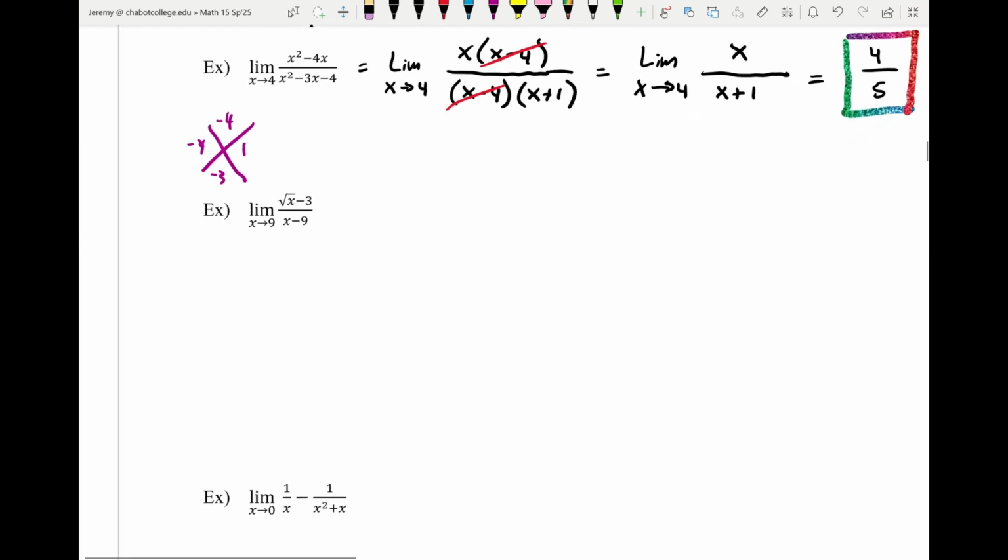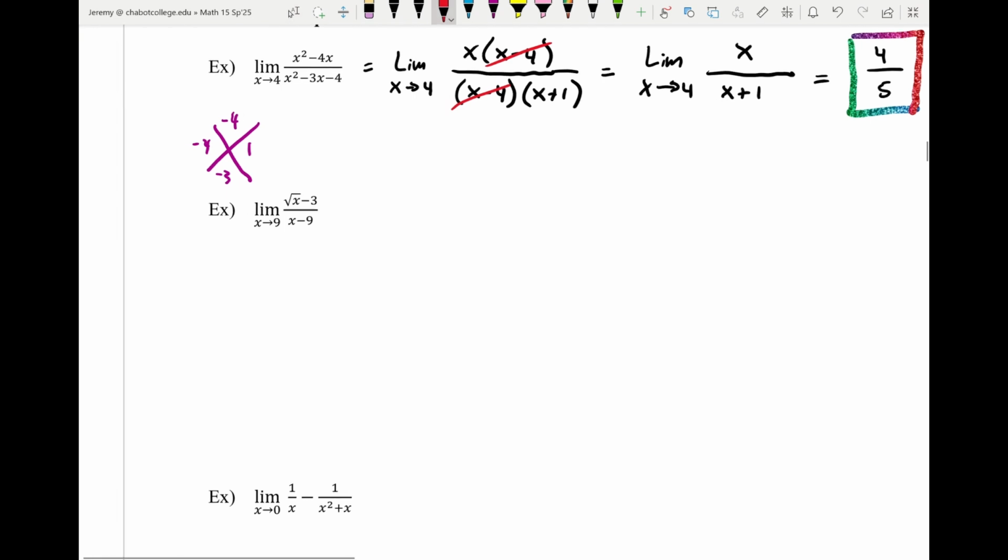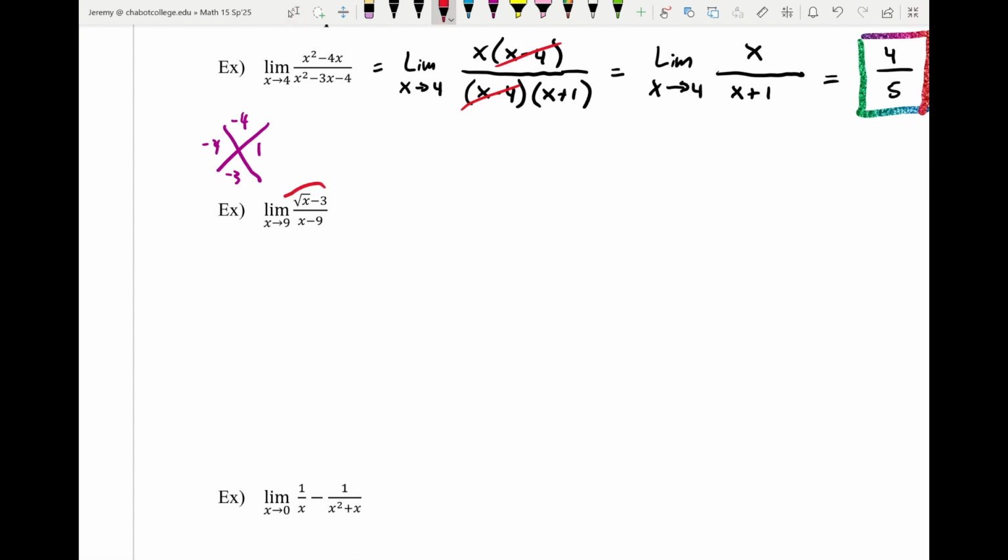So you might remember from your intermediate algebra class, we can simplify rational expressions involving square roots, or sums and differences involving square roots, using this thing called the conjugate.